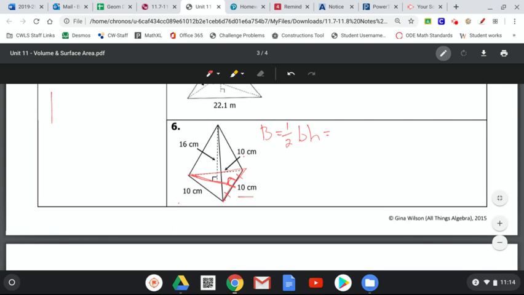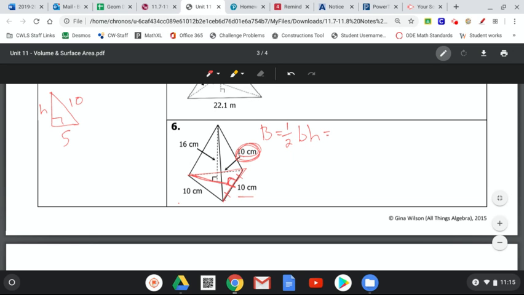So if I redraw that triangle, all right, our height is right here. That's what we're trying to find. That's the height of that triangle. This side is 10. All right, I get that from right here. All right, that's 10. And this part down here, the other leg, is going to be half of 10. It's just going to be 5.